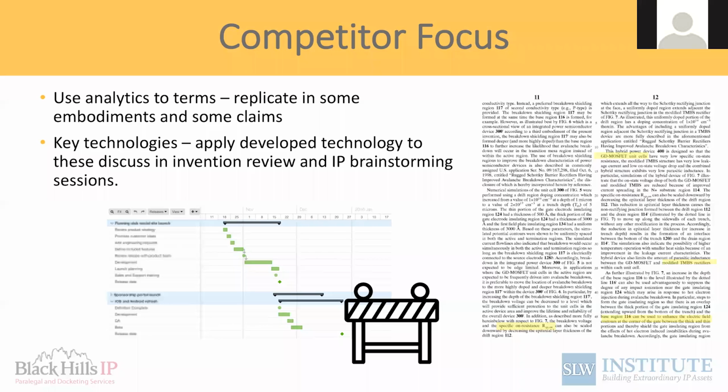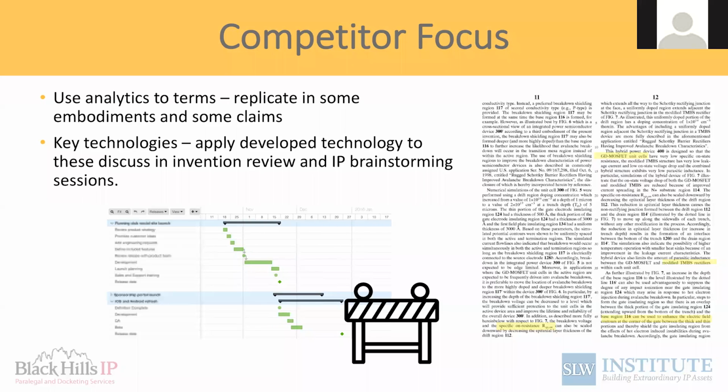So if you've got an invention in a related area to some of a competitor's key IP, find the key terminology that competitor uses. While that's not going to be the focus of your application, make sure, as makes sense, to use some of that terminology in alternative embodiments.